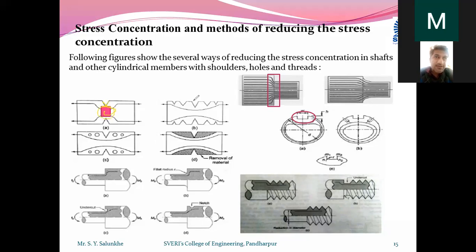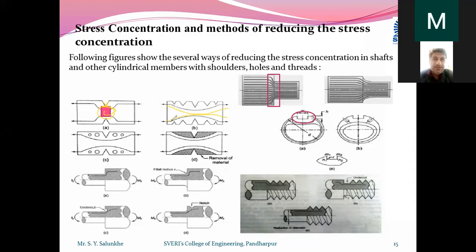In the second figure you can see that instead of creating one notch, if you create successive notches near the main notch, then the streamlines are going to become smooth. This is the first streamline which we have drawn. It is going to get smooth, and here also it is going to get smooth.